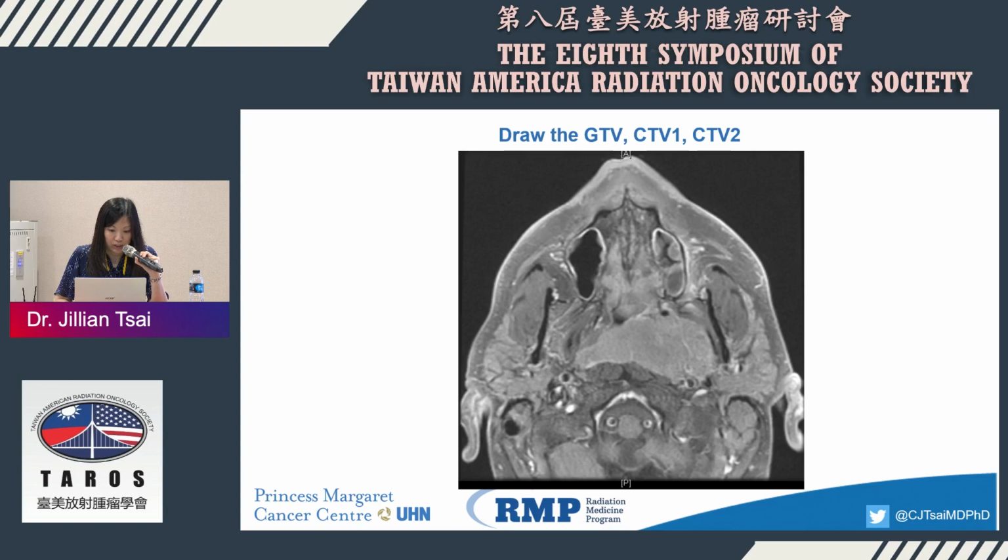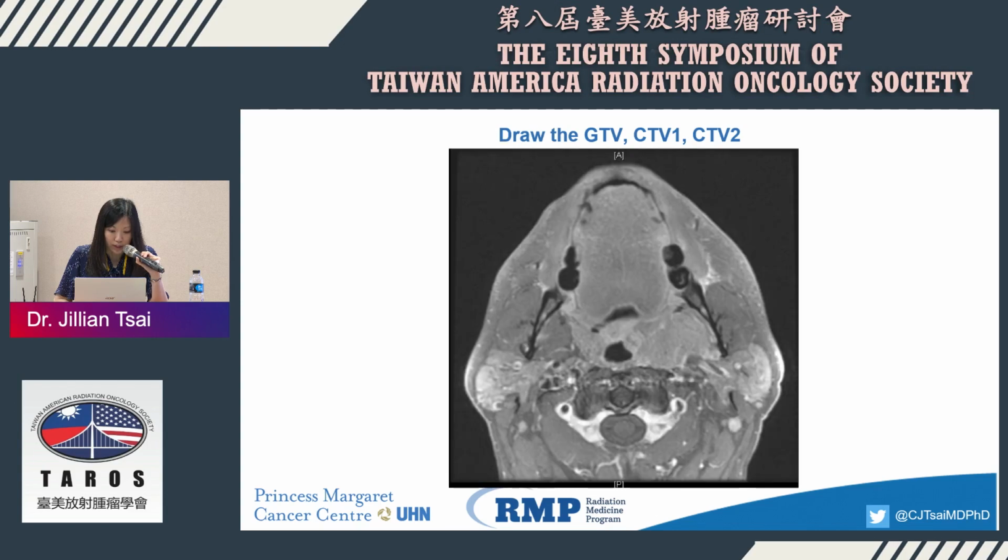So it's the same here. And then for the lymph nodes, how many of you treat the level 1B? No, nobody, right? Because you treat the level 2 through 5.